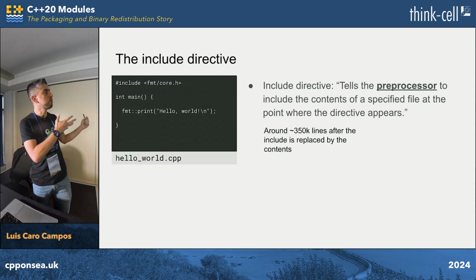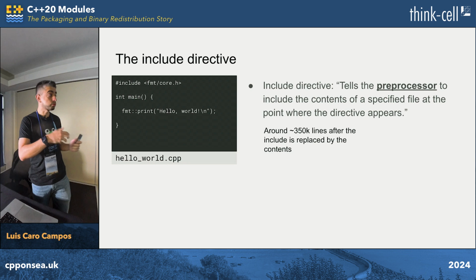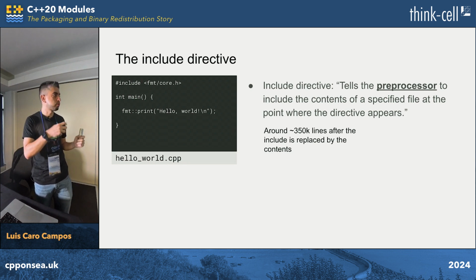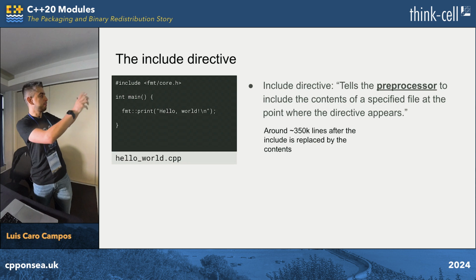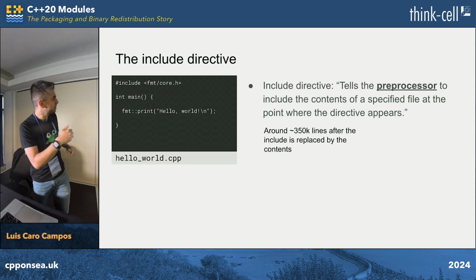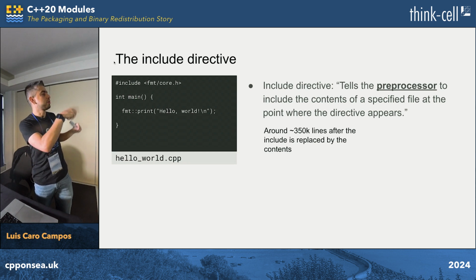You may be very familiar with the include directive, which is basically a way of telling the preprocessor, which happens right before compilation, to include the contents of the specified file at the point where the directive appears. That file is probably four lines of code, excluding blank lines, and it expands to about 350,000 lines after it is replaced.